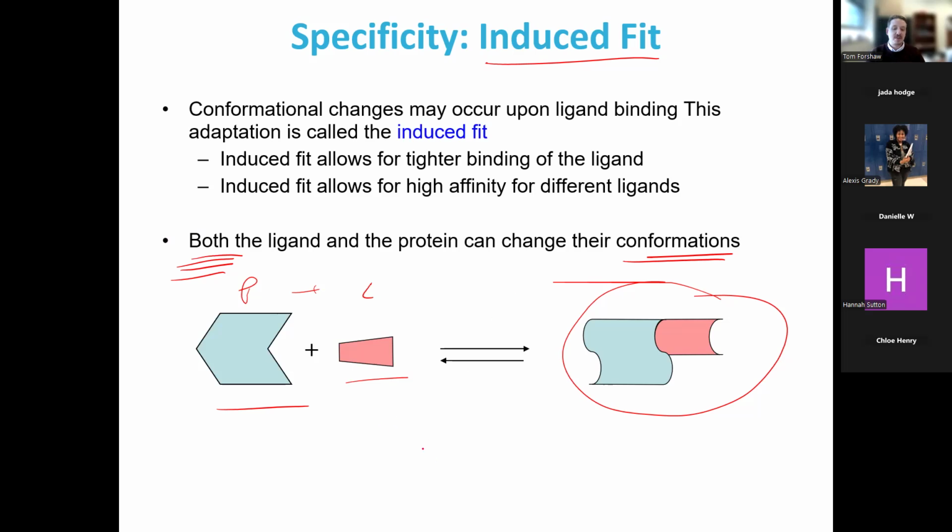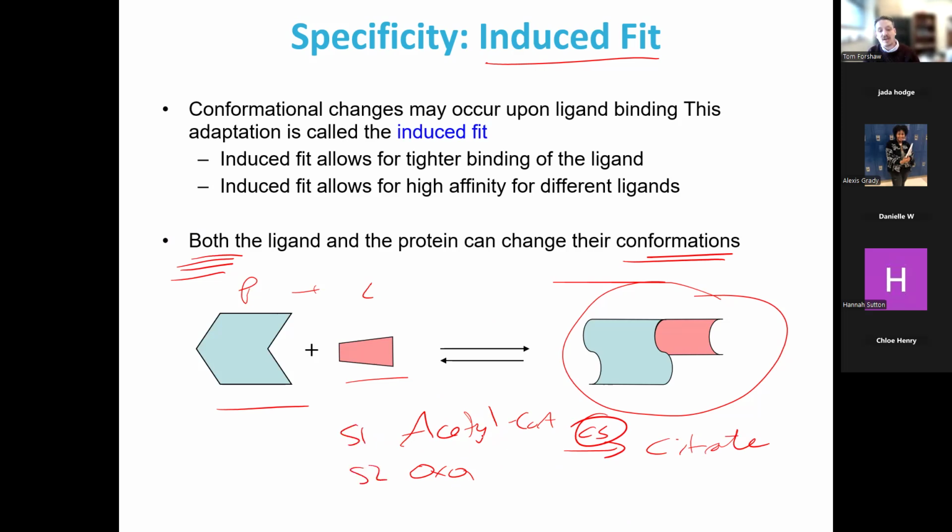And in citrate synthase, you have the acetyl-CoA and the oxaloacetate, and they come together in a condensation to form citrate by the enzyme CS, citrate synthase. And the thing is, you've got 2 substrates. Substrate 1 and substrate 2 come together, and you get just one product.